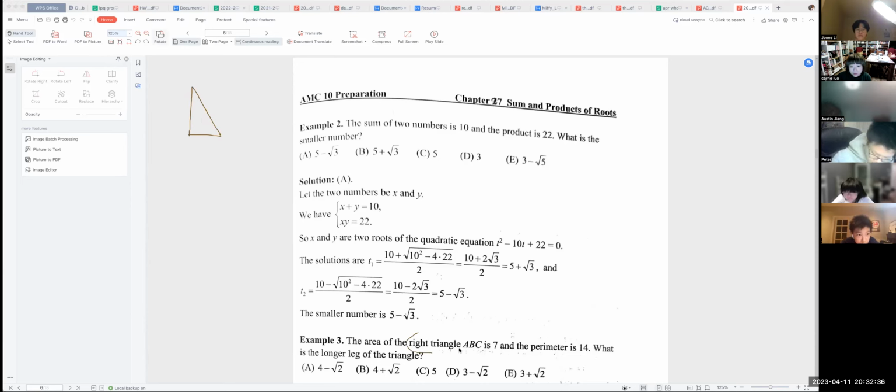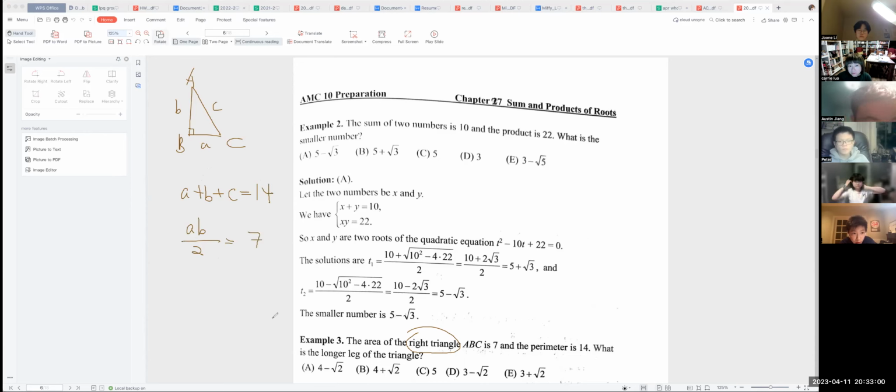The most important thing here is that it's a right triangle ABC, right? Did you write this one down? This is very important, okay? So when you have the right triangle, they have A, B, and C. They already have that A plus B plus C equals 14, right? And AB divided by 2 equals 7, correct, everybody?